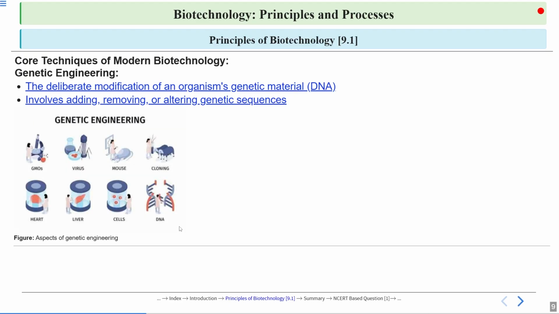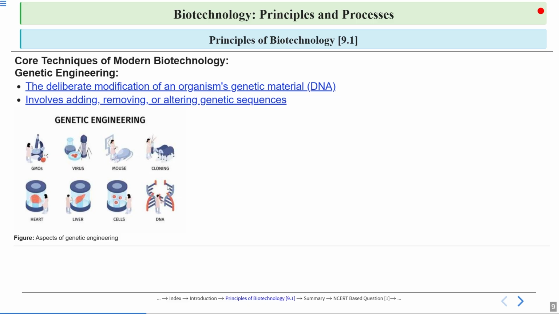As shown in the figures, in the first figure they are working on some GMOs, that is genetically modified organisms. The second shows how we could use viruses for genetic engineering, which we're also going to talk about. We are using genetic engineering in mouse, cells, liver, heart. We can alter DNA using molecular scissors and all those things.